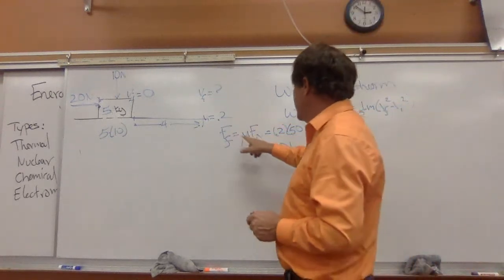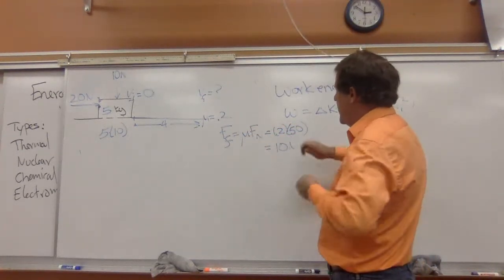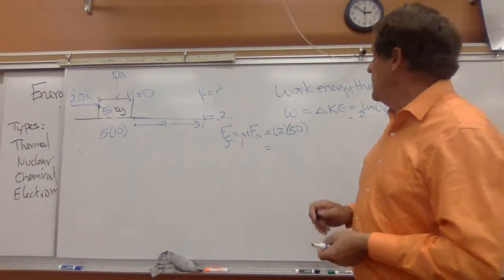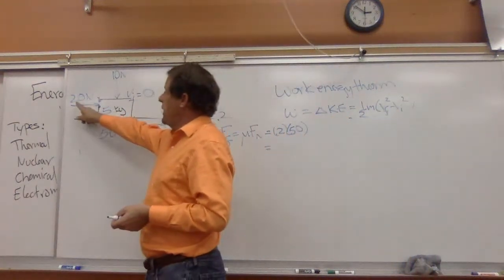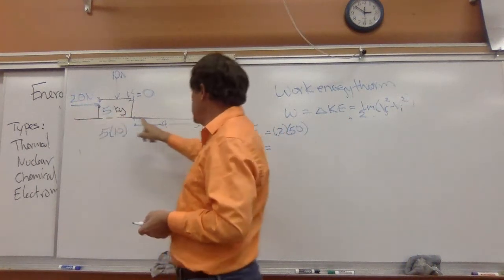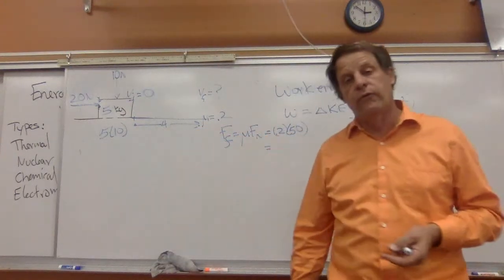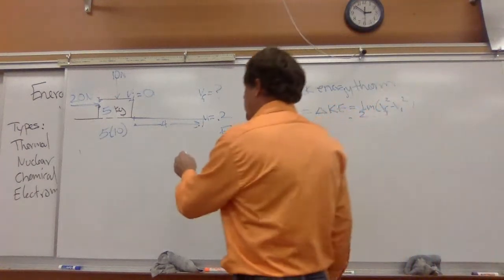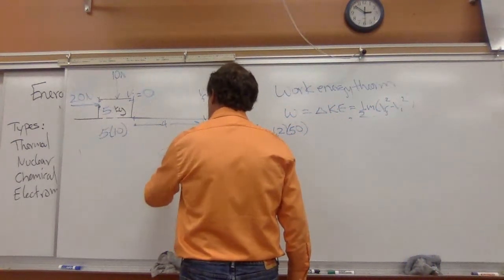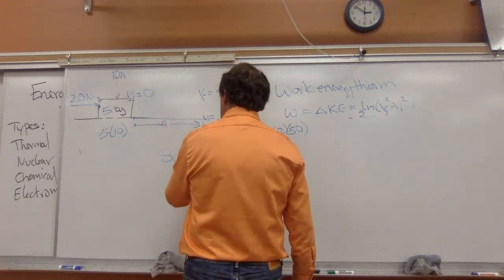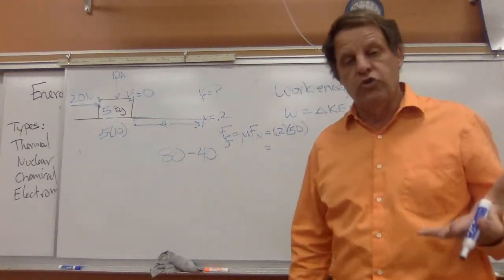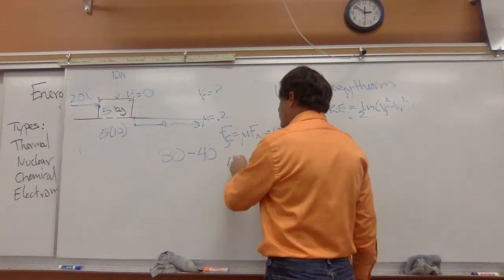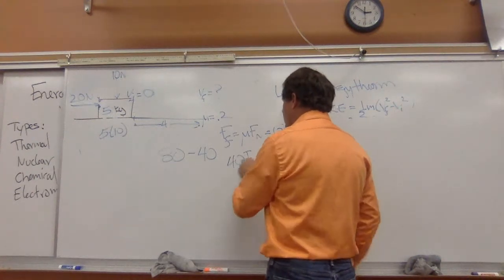So if we're going to work against friction, we will have done negative 40, okay? And if we think about 20, our applied force is 20, and we move that for 4 meters, then that's going to be 80 joules, okay? So we're going to put in 80 joules, and then 40 joules got used up by friction, okay? That means we have 40 joules left over, okay?